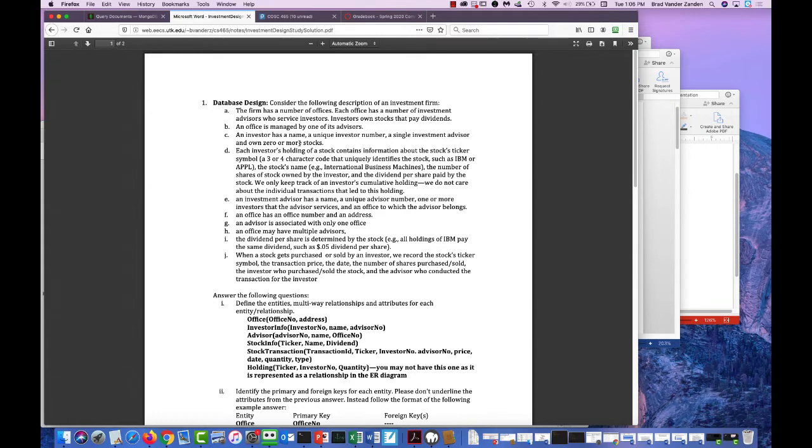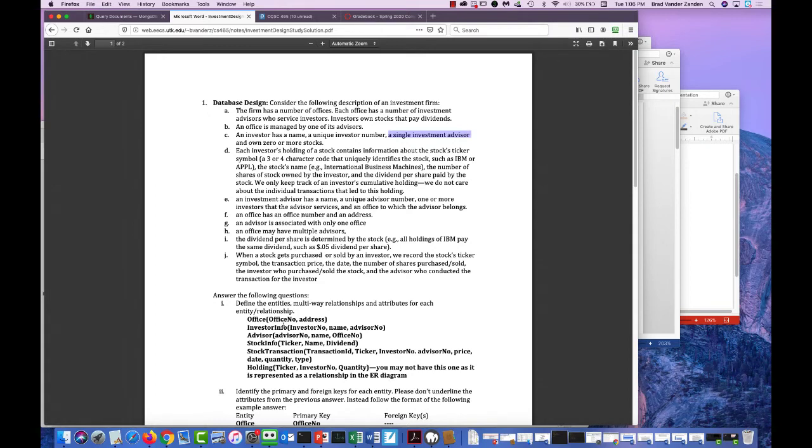So even if stocks is a foreign key, we can't have one or many of them in a relation. An attribute has to be single valued. So it was okay to represent this investment advisor relationship in the relation because it's one-to-one. We can represent it with a single valued attribute, but we can't do that with stocks.